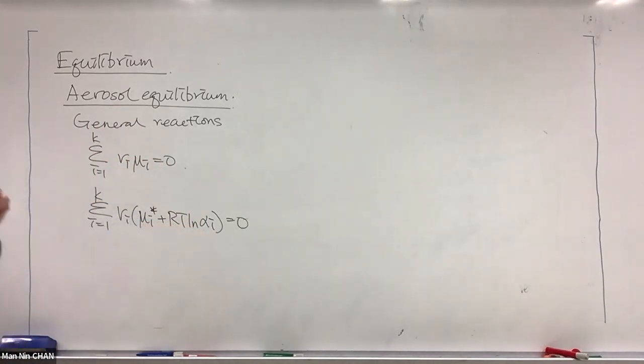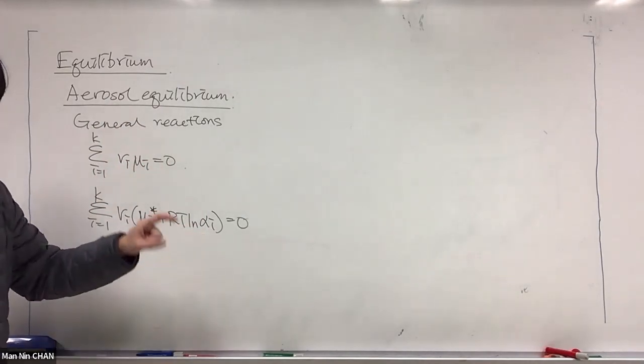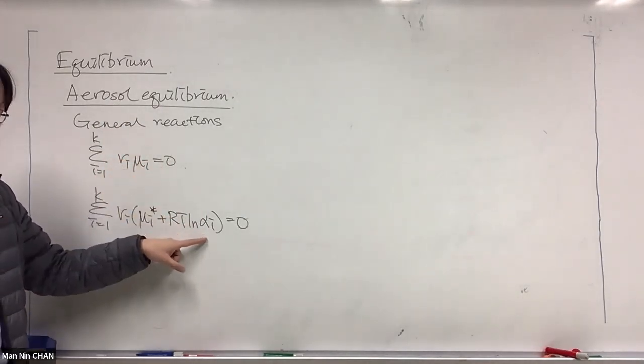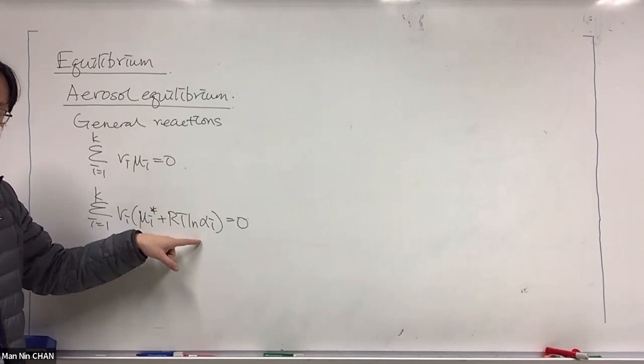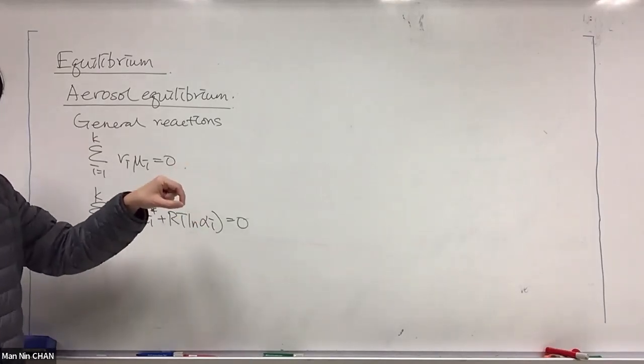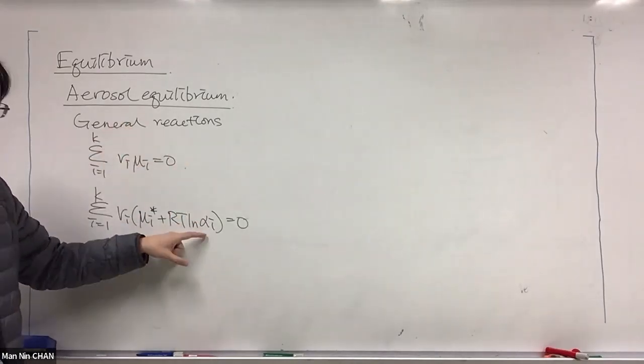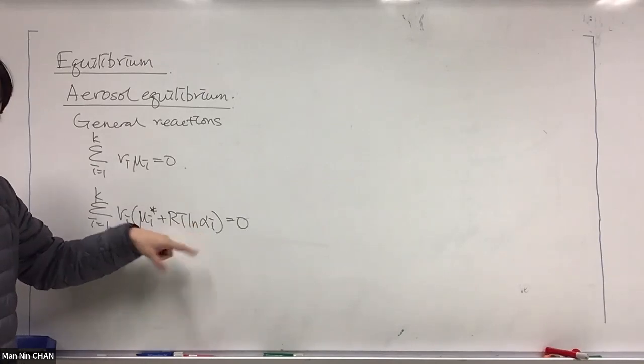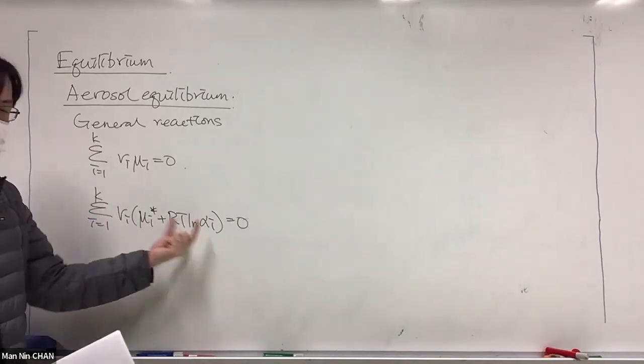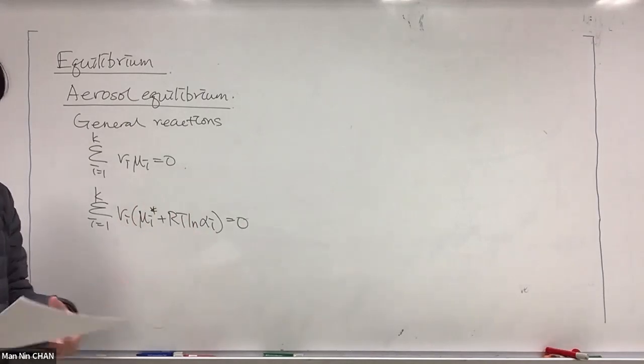So for the gas phase or the aqueous phase, you need the activity coefficient applied to your partial pressure or concentration to get the activity, because we need to correct for non-ideal situations.